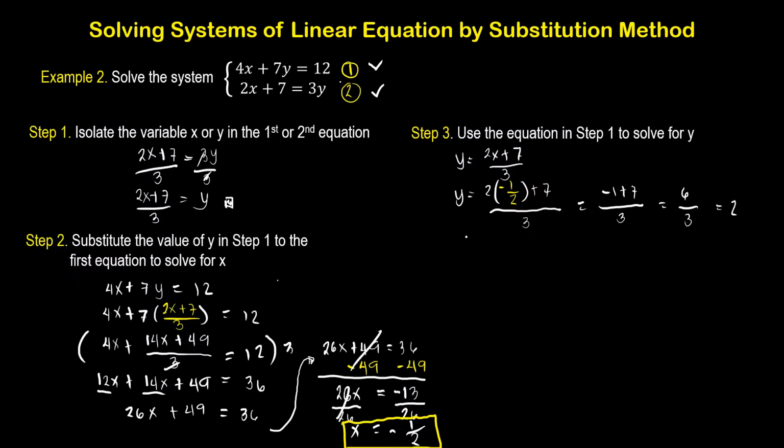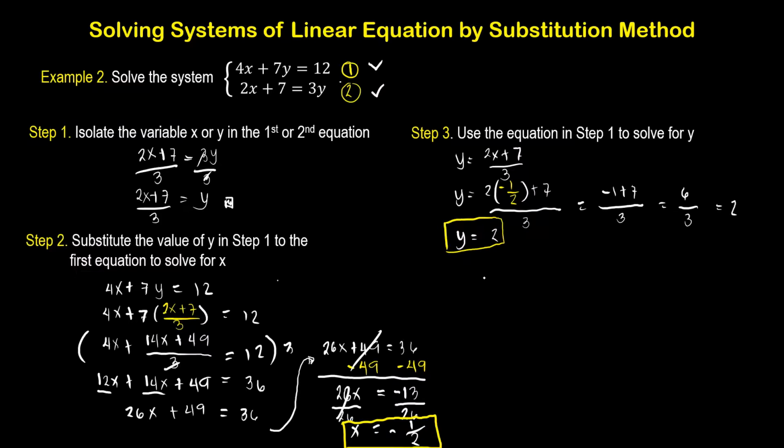So, therefore, our y value is equal to positive 2. So now we have the value of our y. The value of y is equal to 2, and the value of x is equal to negative 1/2.